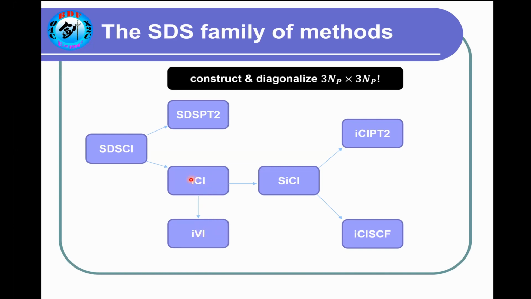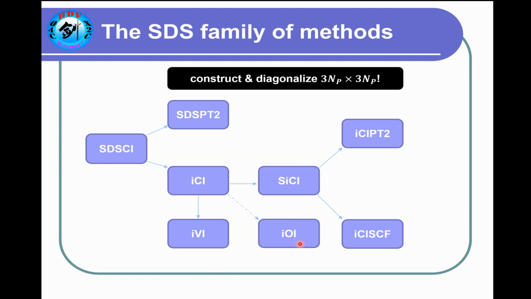Starting from iCI, when we introduce selection, we call it CC. Then of course, we split the selection into two steps, so we have iCIPT2. From here we have iCISF, that means iCI as a solver of CASSF problem. Actually, if you think about the Hartree-Fock, it's also a full CI, just one-particle full CI. Then we can generalize the iCI into IOI, iterative orbital interaction, as a bottom-up solver of the Hartree-Fock problem.